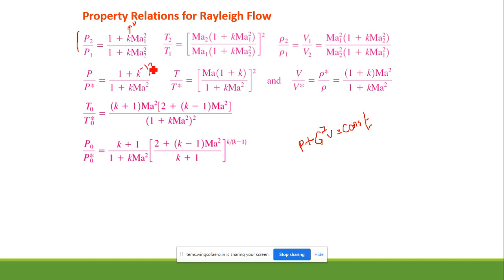K is gamma, and don't confuse. Or if you are putting K also, just note that K equal to gamma, then it will be easy for you.